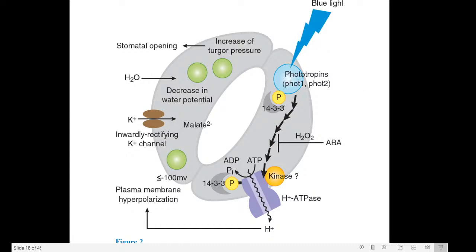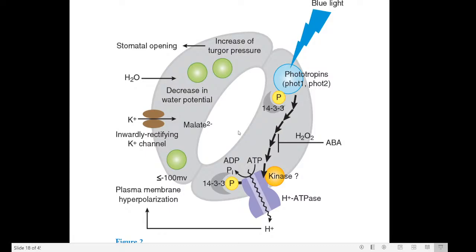It's absorbing the blue light, and its phototropin makes a phosphorylation process. Due to this phosphorylation process, kinase activity happens. It allows the release of H plus through the membrane, so there is a hydrogen transfer.